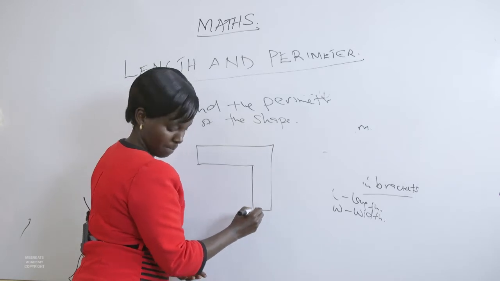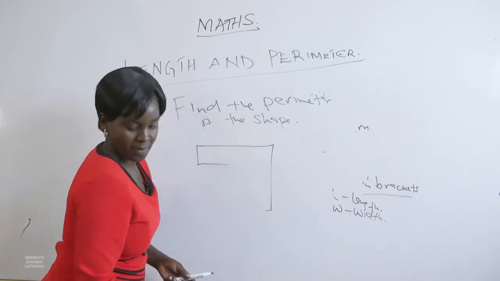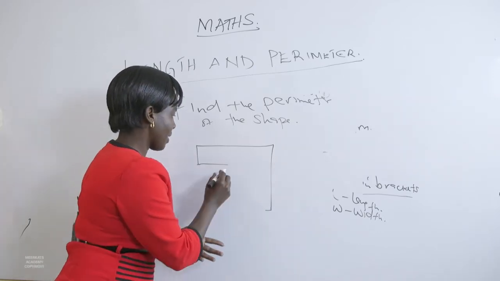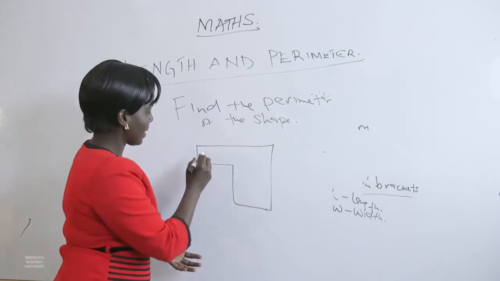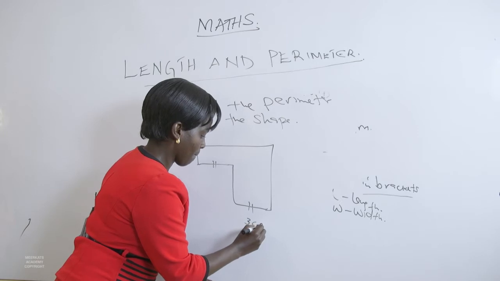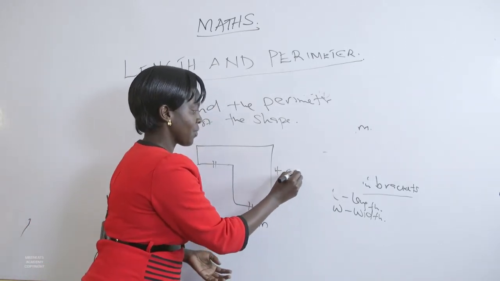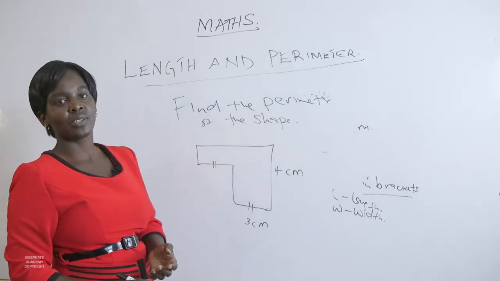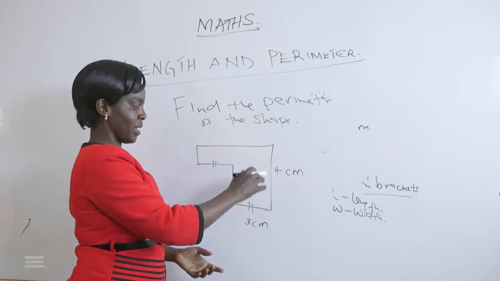So these are not the same length. We have a figure like this. We are told that this is 3 centimeters, and here is 4 centimeters. Then you are told to calculate the perimeter all around the figure.